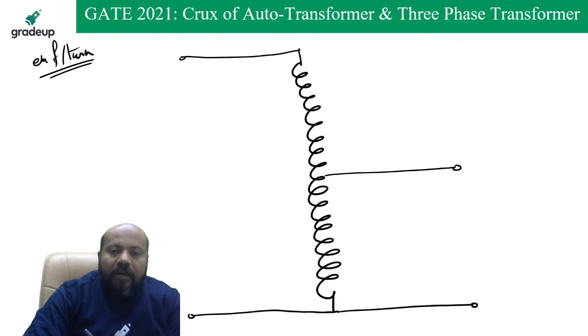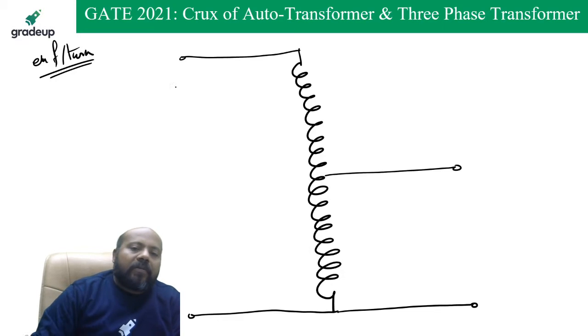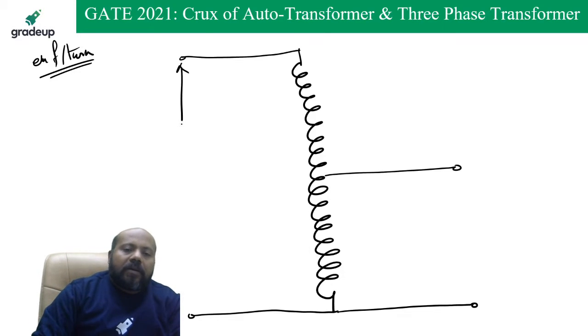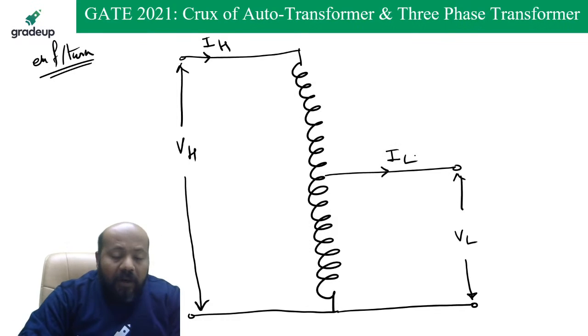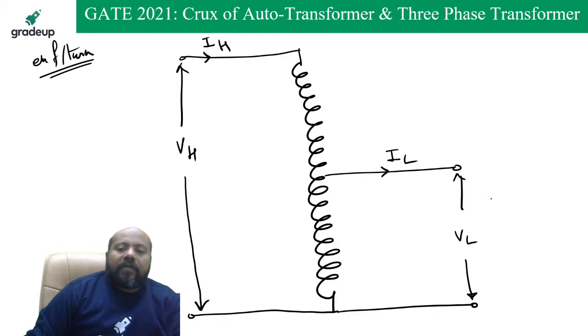So more number of turns means more voltage or high voltage. It means this side you are having the high voltage terminal, and obviously the current is also going to be IH. This side you are going to have the low voltage terminal, and obviously the current is also going to be IL. How we are making the connections, this is very important.